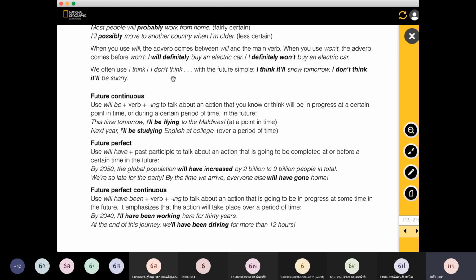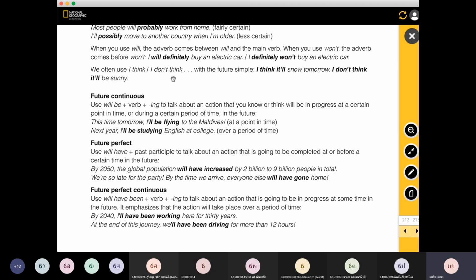Something like in the next 10 years. Or, for example, your education: in the next 5 years, your degree will have been fulfilled.